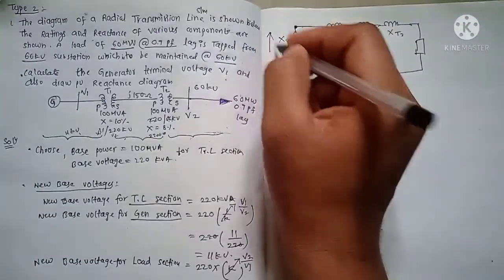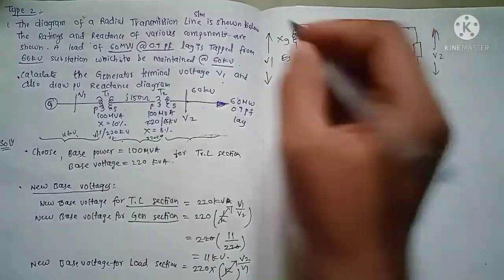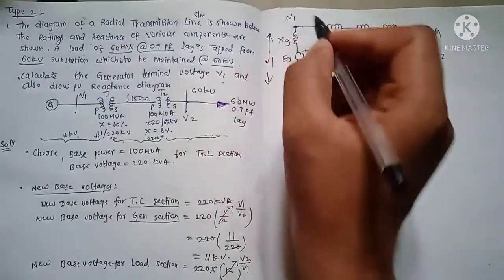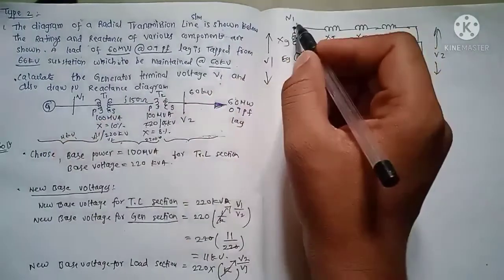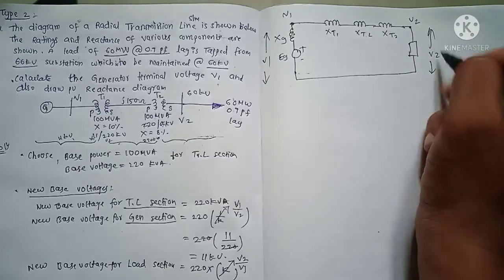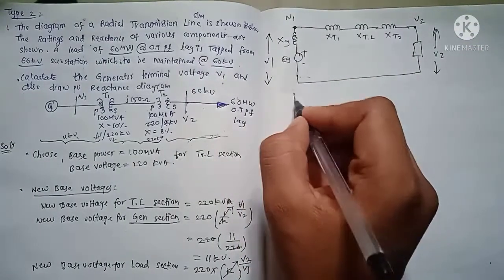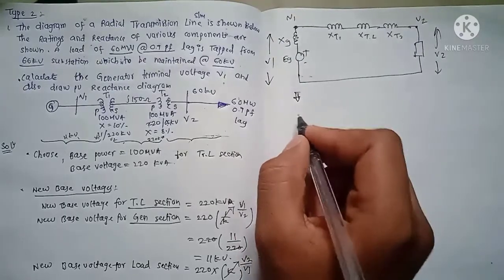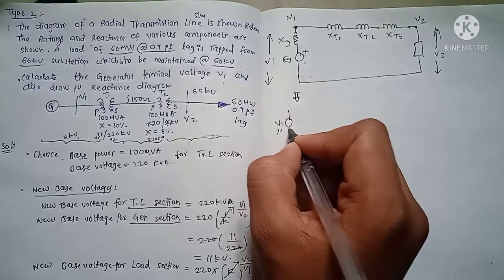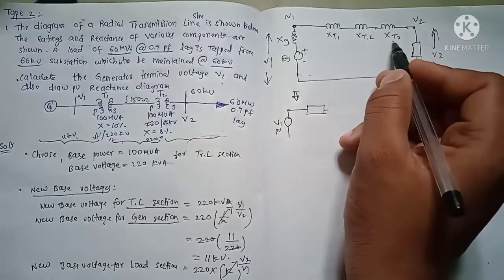Consider this as v1, consider this as v2. From this figure, this is v1, right? Here v1 is after the generator bus bar connection, therefore v1. This voltage is v2. For understanding, I will draw an equivalent of this. Assume that this is v1 pu, and I will add the total impedances.